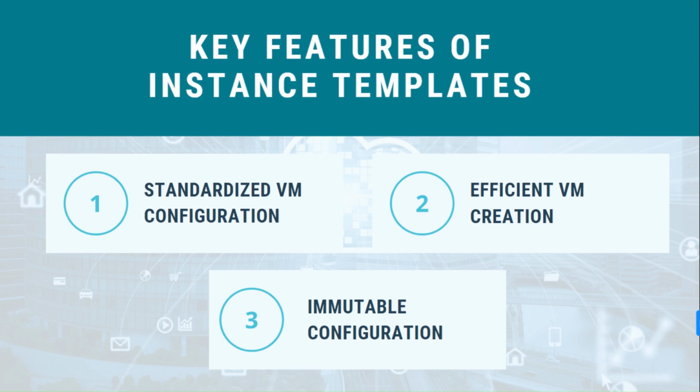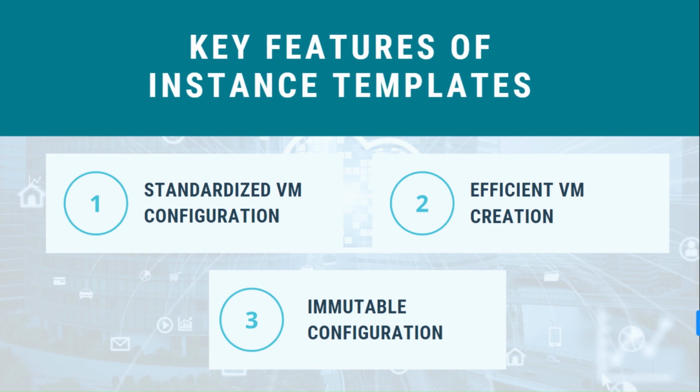We will discuss more about these VM details in depth in the later part of this video. By using a template, you ensure all your VMs are created with this exact same configuration. This is a game changer for consistency and avoids configuration drift.